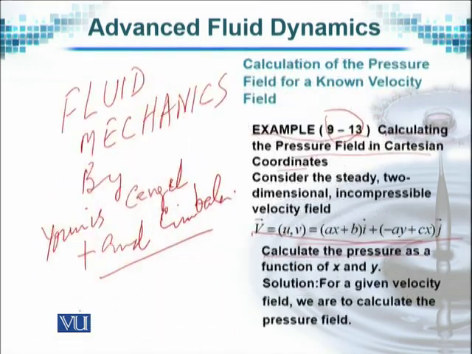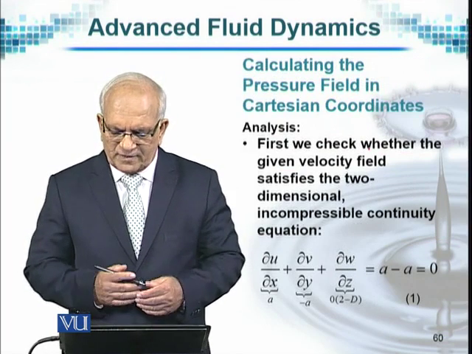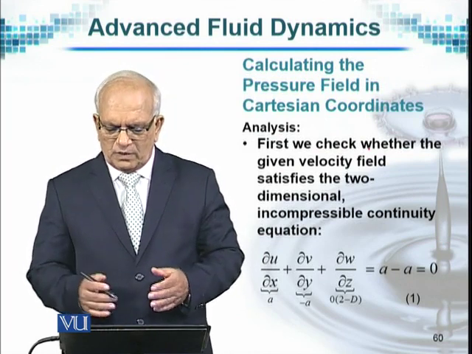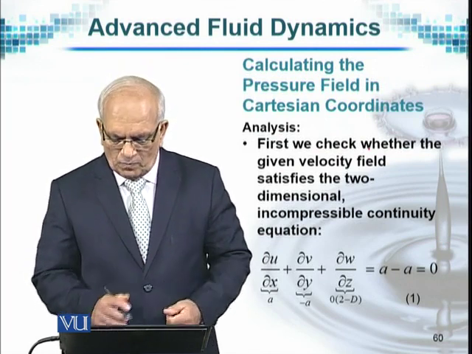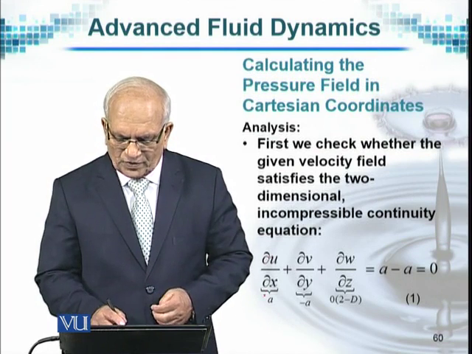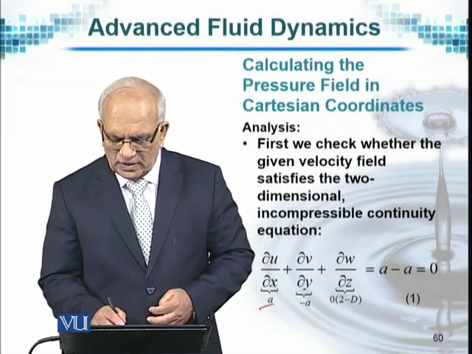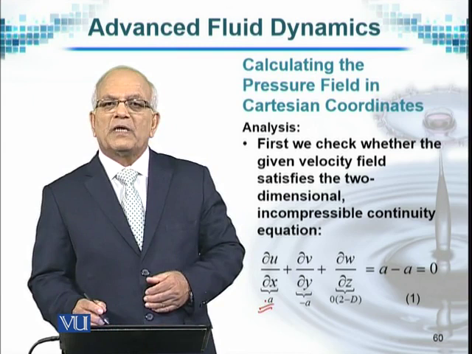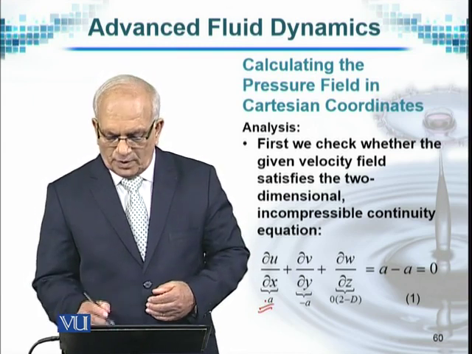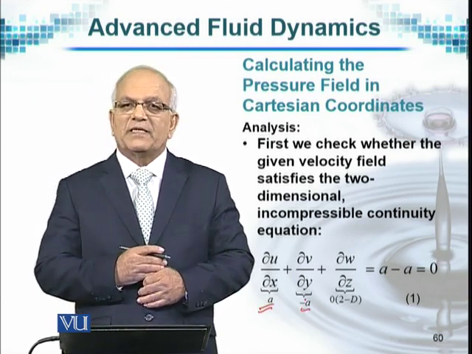From the given flow field, which is ax plus b and minus ay plus cx, when we write down the components, the partial derivative of x gives us only a. The partial derivative of the y component gives us only minus a.